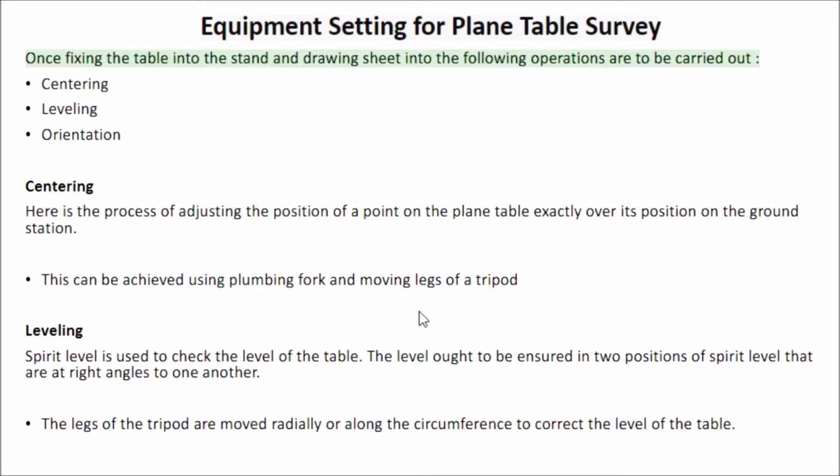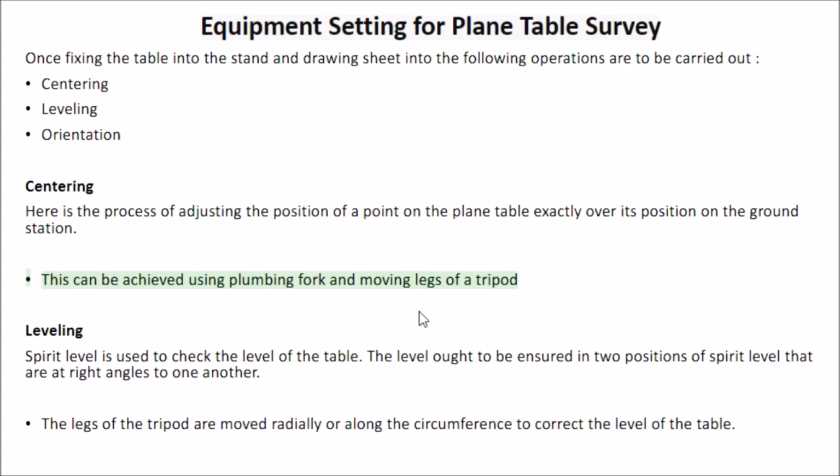After fixing the table onto the stand and the drawing sheet onto the table, the following operations are to be carried out. Centering, leveling, orientation. Centering is the process of adjusting the position of a point on the plane table exactly over its position on the ground station.